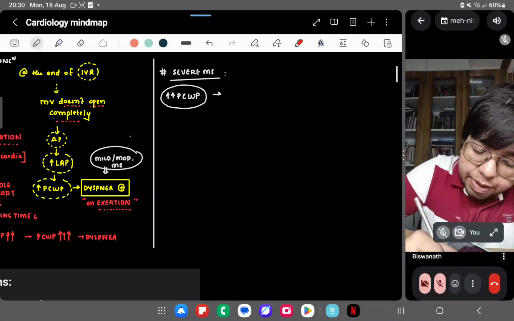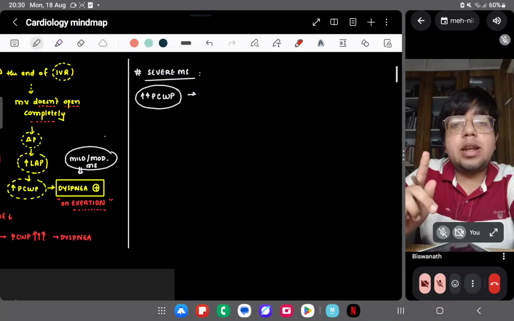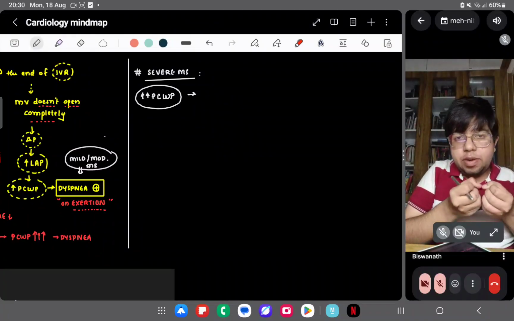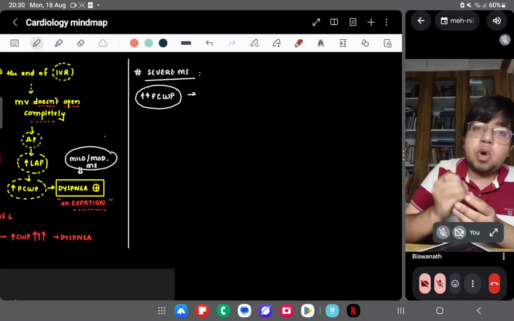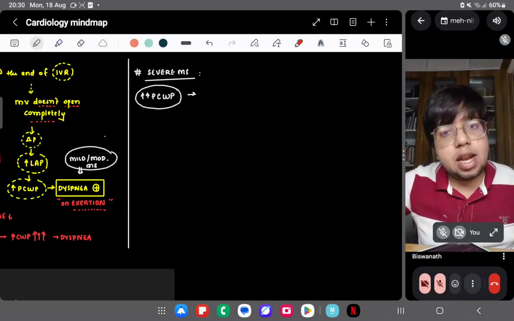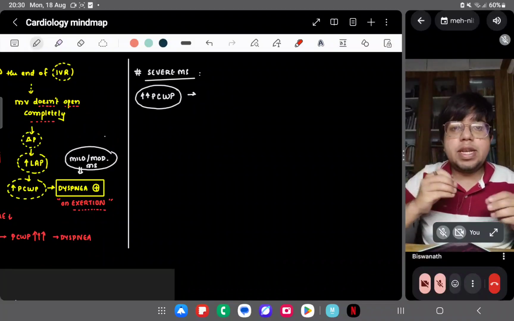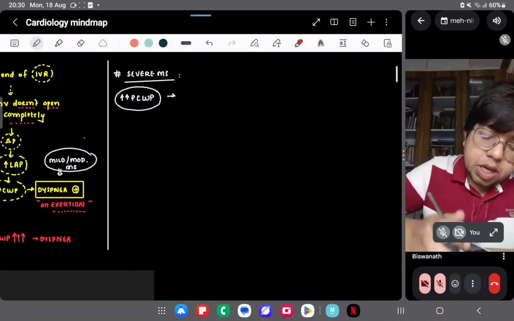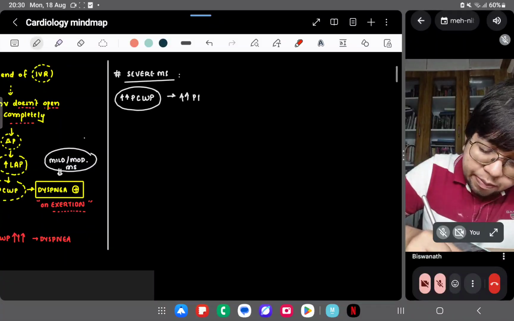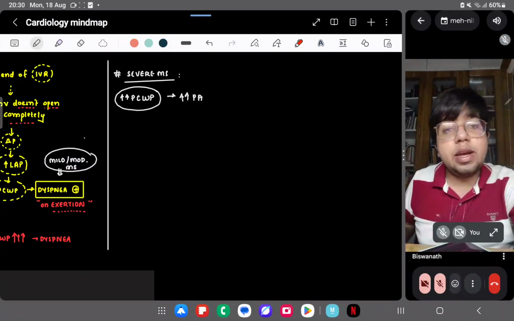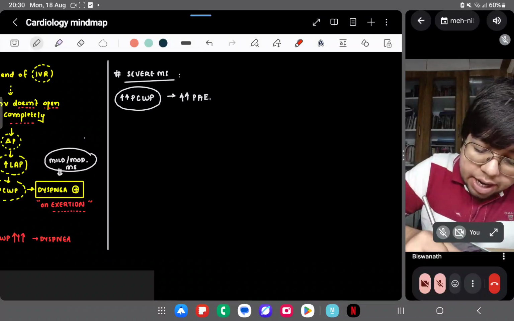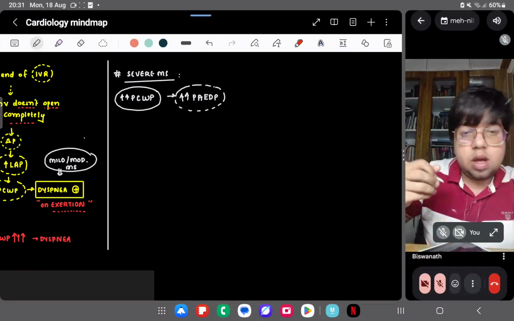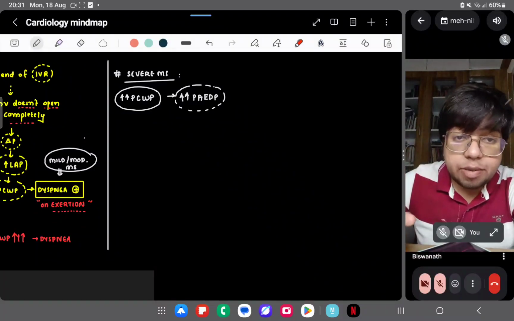If this PCWP is very very high, then whenever there is a pressure in the smaller vessel, it will reflect in the larger vessel as well. So there is an increased pulmonary artery end diastolic pressure.